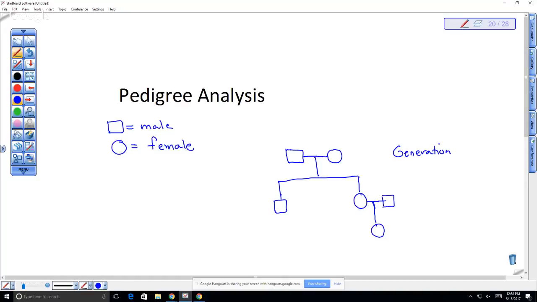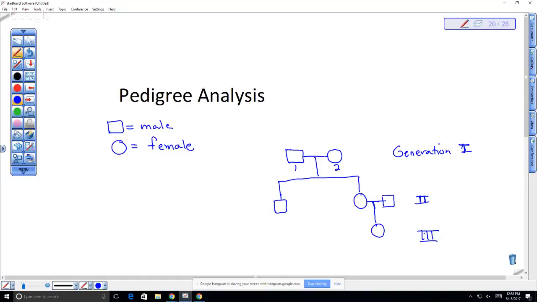right? So this is generation 1. So in generation 1, I number it 1, 2. Okay, this is generation 2, Roman numeral. Sorry, this should be 1, Roman numeral. This is 2. This is 3.